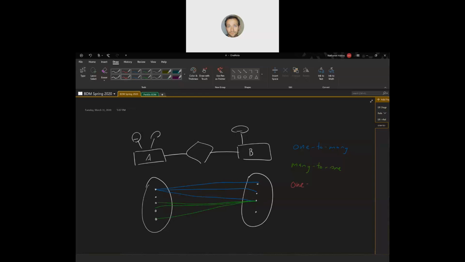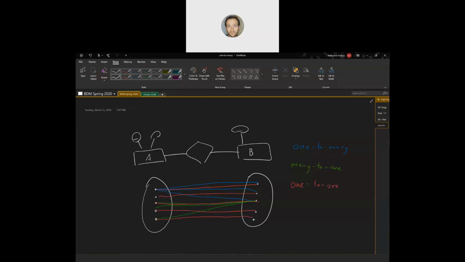There's also a one-to-one mapping, which is where every member must participate. In fact, this wouldn't be possible here because the set sizes are different, but here in red would be an example of a one-to-one relationship.